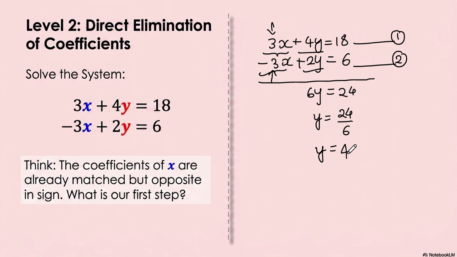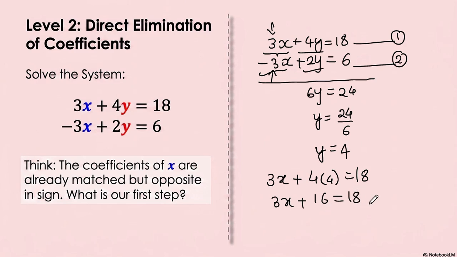So if we substitute the value of y in one of the equations, we will get the value of x. So let's put y is equal to 4 in the first equation. So 3x plus 4 into 4, which is 16, is equal to 18.